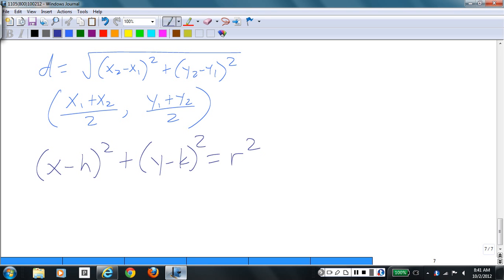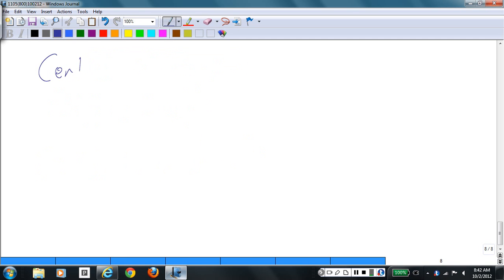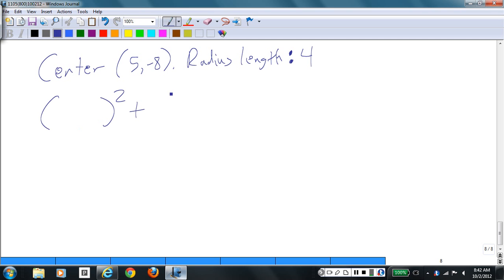So, perhaps the simplest way is if the information is given, center 5, negative 8, radius length 4, and you write an equation of a circle that has its center at 5, negative 8, and the length of any one of its radii is equal to 4. Maybe good to go ahead and put something squared over there.